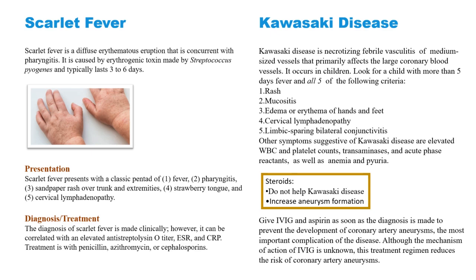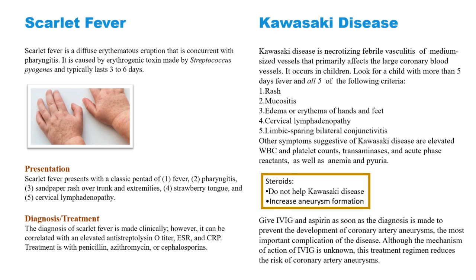Diagnosis and treatment of scarlet fever. The diagnosis is usually clinical, but can be correlated with elevated anti-streptolysin O titer, ESR, and CRP. The treatment is penicillin, azithromycin, and cephalosporin.